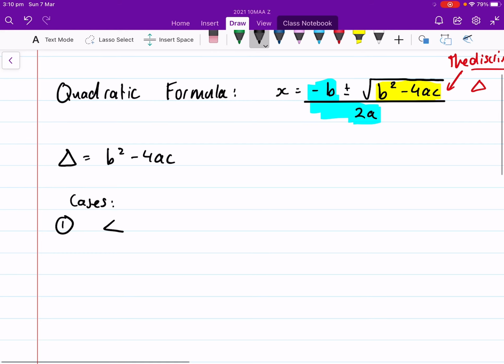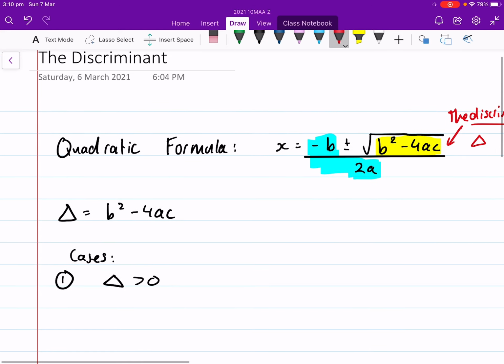is when the discriminant, or b squared minus 4ac, when I put in those values, is greater than 0. Now, I should backtrack and say that for the quadratic formula and for b squared minus 4ac, the parabola must be in the form y equals ax squared plus bx plus c.